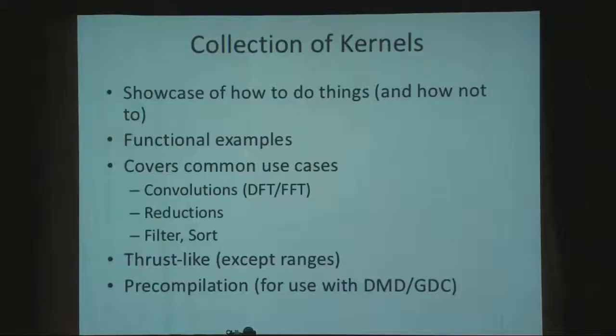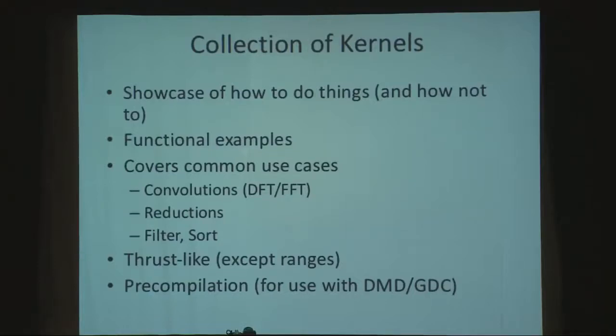So the things I want to do with the collection of kernels is show how to do things and how not to do things, because it's really, really easy to do things horribly wrong, particularly if you're not familiar with writing code for GPUs. It'll also serve as a functional example and cover common use cases for things like convolutions, your Fourier transforms, reductions and whatnot.